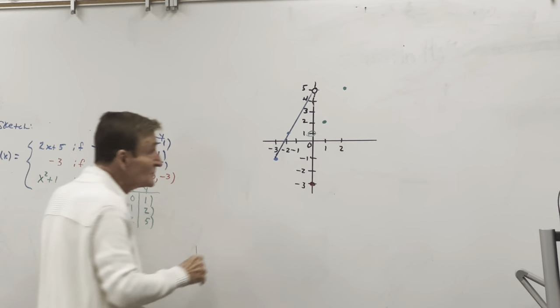Now, -2, take them back. -2 squared is 4. 4 subtract 4, 0. Put a 0 in there. 0 squared subtract 4 gives me a -4. 2 squared subtract 4, 0. Wow. That's the red one.